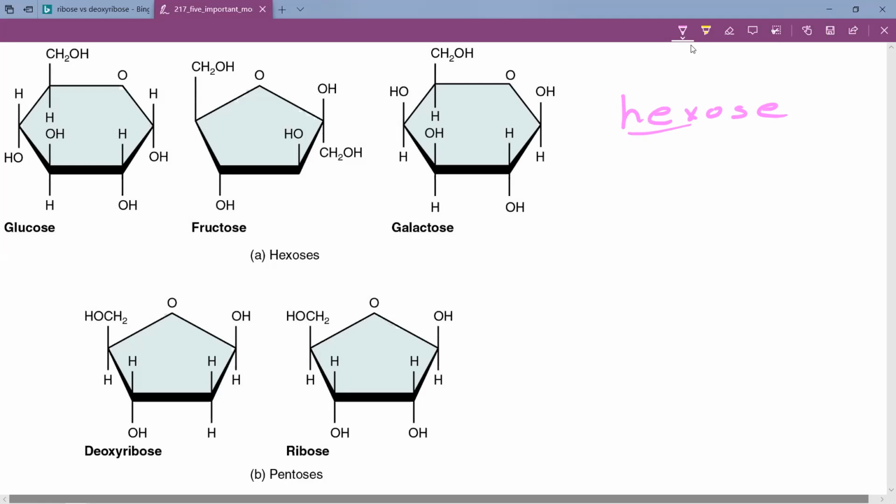So every point that doesn't have something else is a carbon. So this is 1, 2, 3, 4, 5, and there's the 6th one right there. So that's a hexose sugar or a 6-carbon sugar. This point is not a carbon because this is where the oxygen goes.